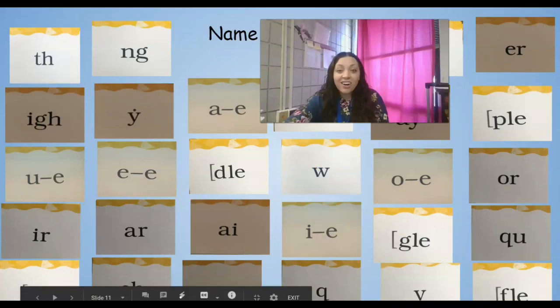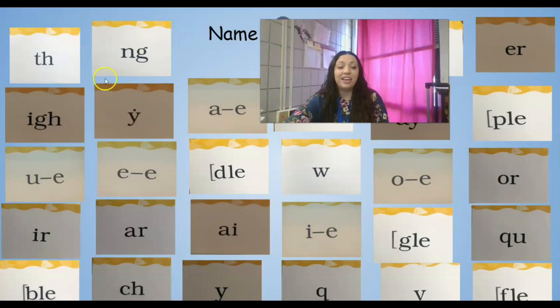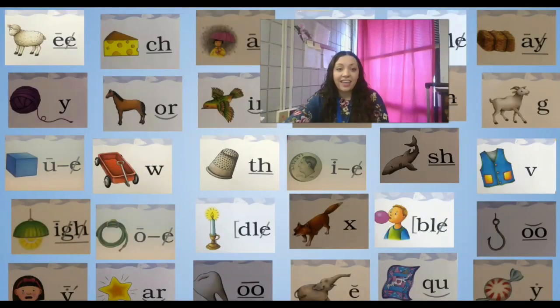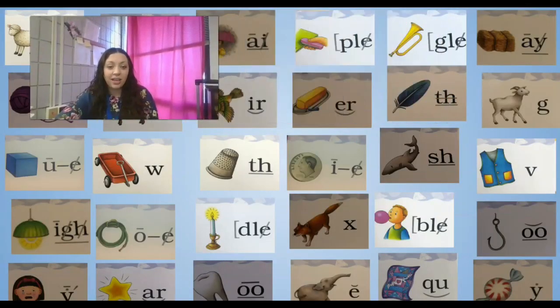All right, so here are our letter name cards again. And if you look carefully, right down here, we added the card. And remember, what are we going to say when we see this card? We're going to say combination IR. Very good. And then on our letter sound page, let's see if you guys can find it. There it is.